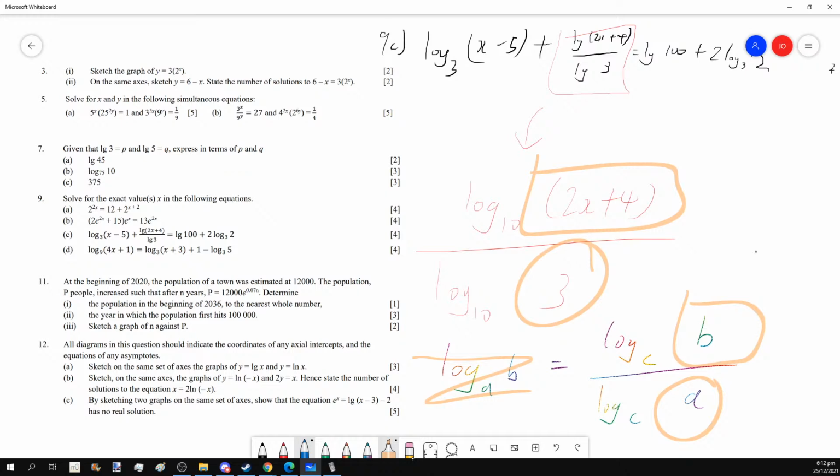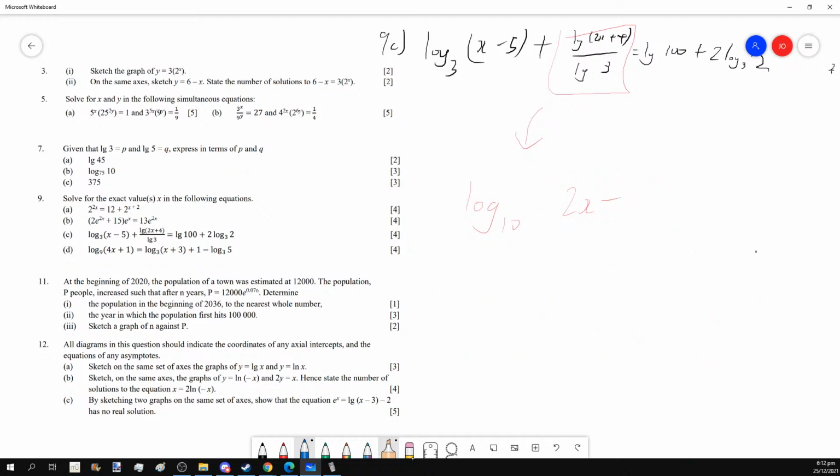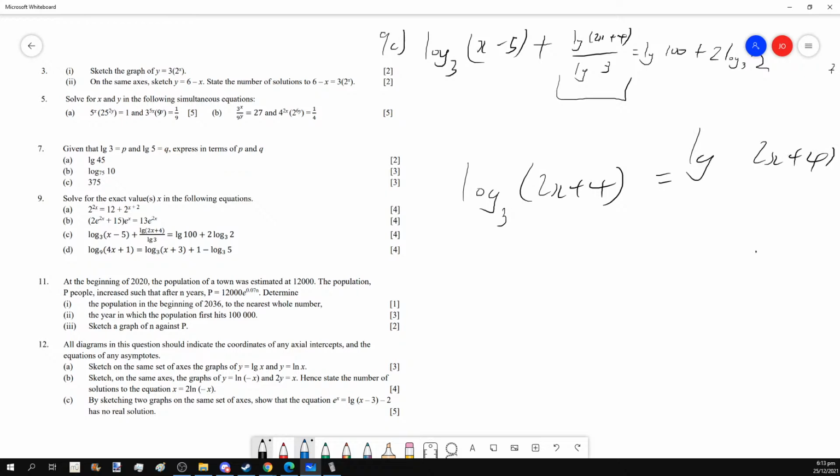So how does this look in actuality? Let me write it out for you. We will observe that this guy here will actually be log base 3 of (2x plus 4), because he will then turn into lg(2x plus 4) over lg 3 as desired.